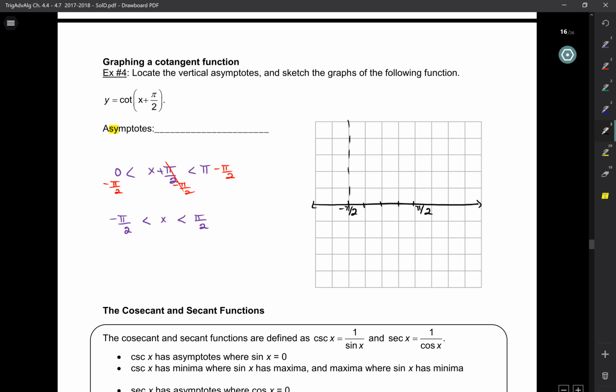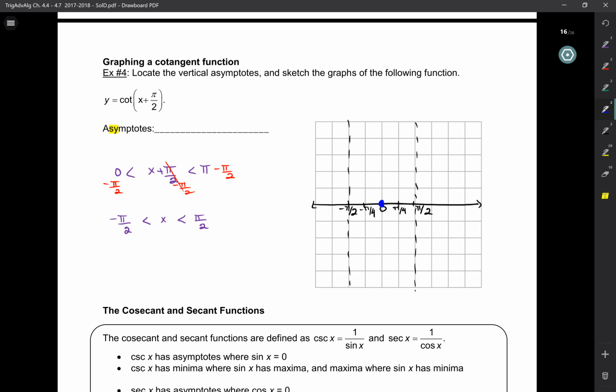Look, it's symmetric. That makes my life easier because what's exactly in the middle? 0. And then it's pi over 4 and negative pi over 4. At the center is 0. Now, you want another wrench into the mix? Well, here it is. It's the opposite of tangent. Rather than going up, you go down.